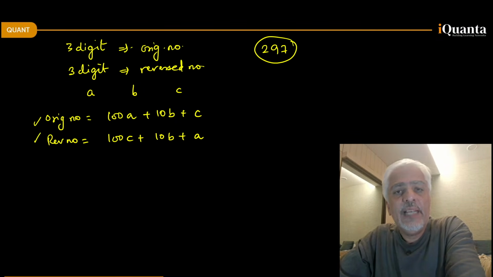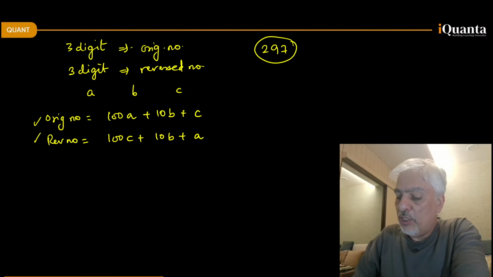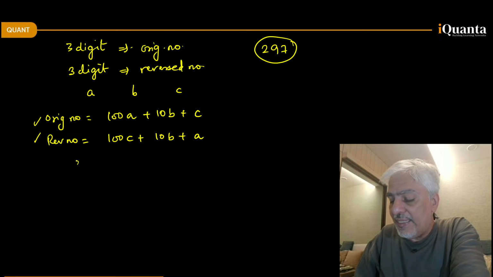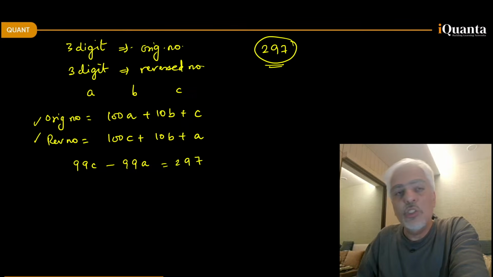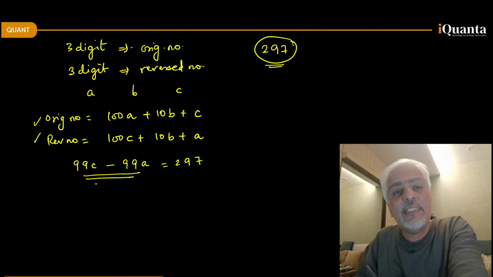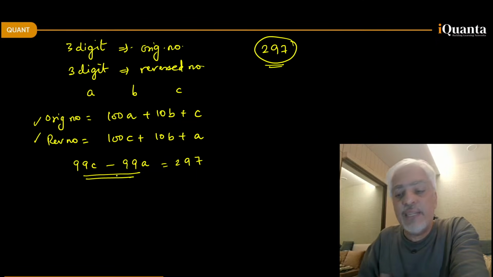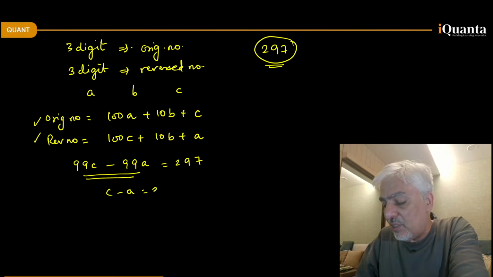Think a little bit. And this you will get every time. When you subtract these two numbers, you will get 99C minus 99A, and that they have told is 297. When you divide by 99, you'll get C minus A is 3.